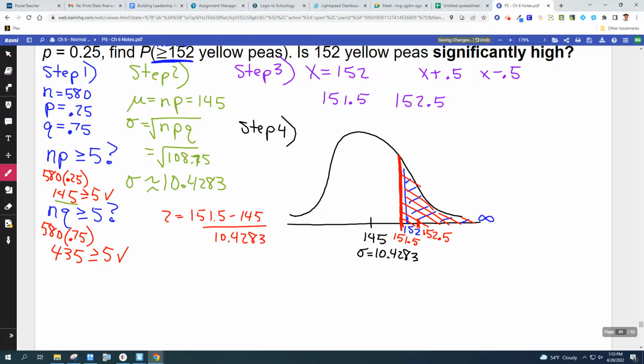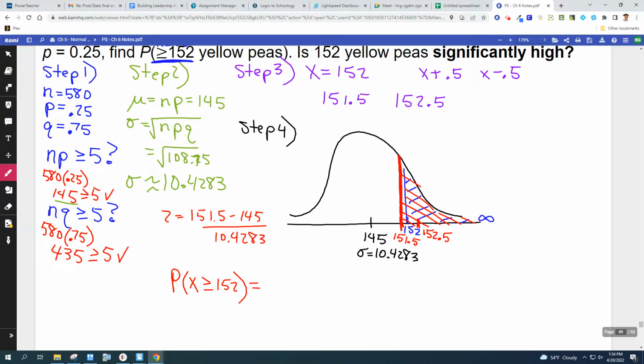Everyone either has access to a calculator or a website, so it doesn't make sense to me to change to a z-score and look at the z-table. So instead, I'm just going to use my numbers as is, and I'm going to use the normal CDF function. We want greater than or equal to 152.